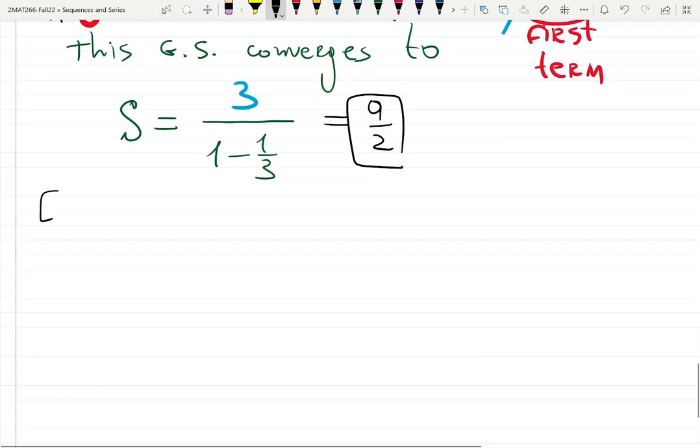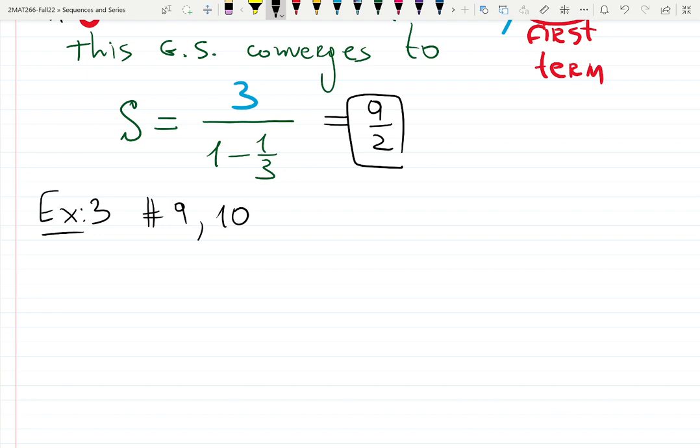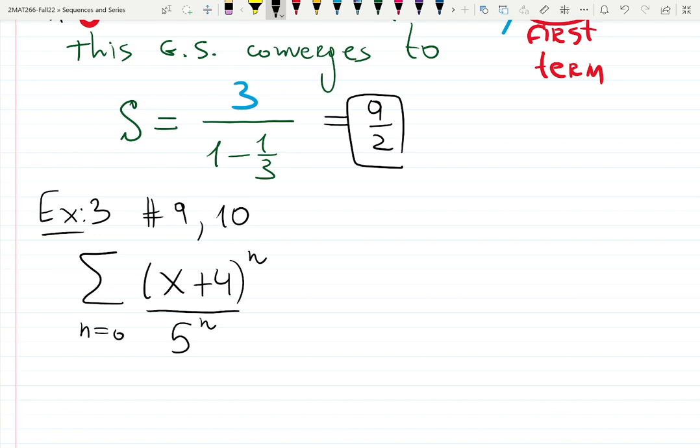The last example is from your homework. Example 3. That is number 9 and 10 of 8.2. We have a series, and for the first time we will see x in it: the sum of (x plus 4) to the n all over 5 to the n, n goes from 0 to infinity.